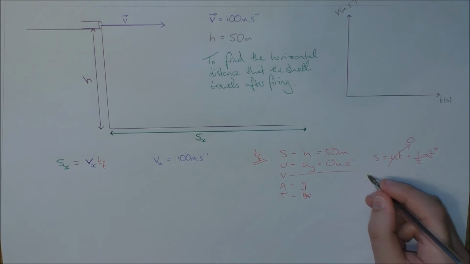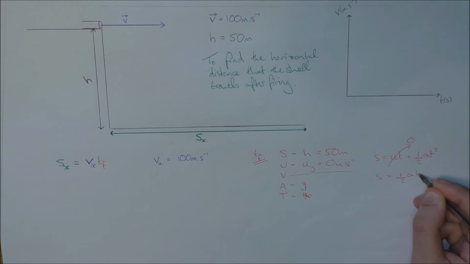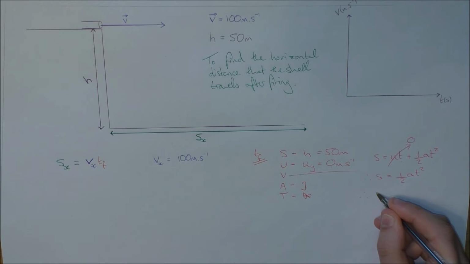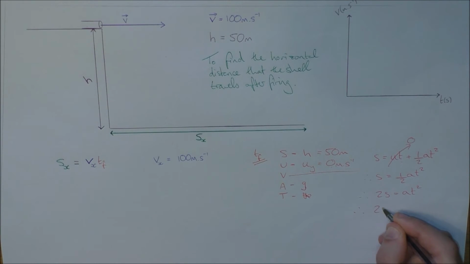So I can say therefore S equals 1/2 at squared. I can then say that 2s equals at squared. I can then say that 2s over a equals t squared, and therefore t equals the root of 2s over a.